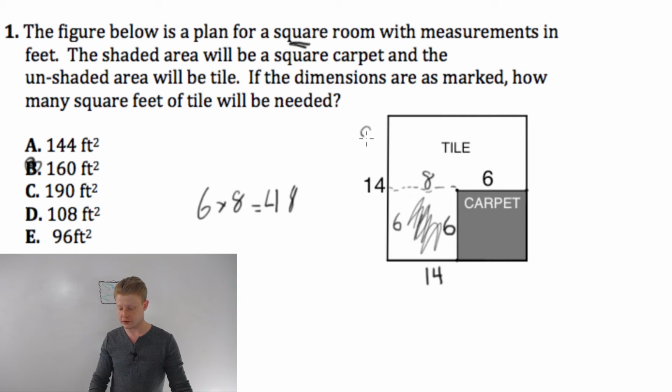So this dimension is 8, but it goes 14 across. So 8 times 14. 8 times 10 is 80, plus 8 times 4 is 32, so that's 112. So 112 plus 48 is 160.